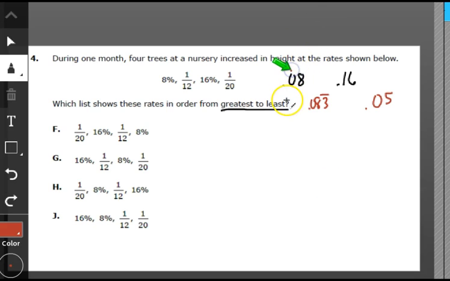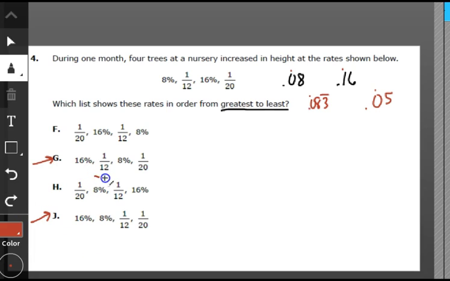So I notice here, I've got a 0 in that first place, a 1 in that first place, a 0, and another 0. So our greatest is going to be the 0.16, which represented the 16%. So I right now know I'm either on G or J.